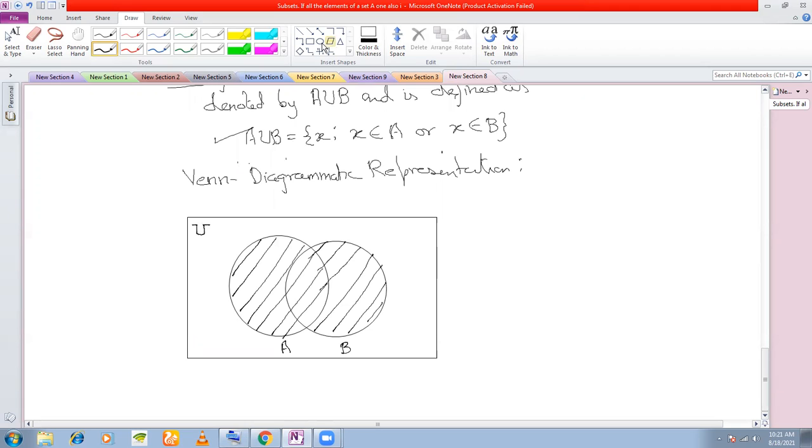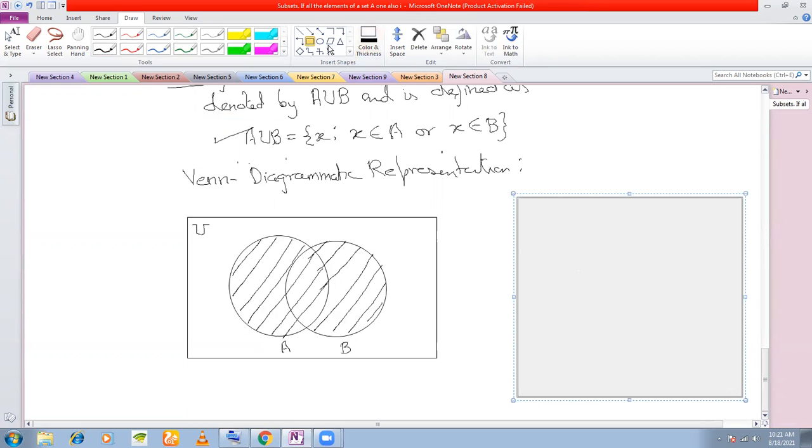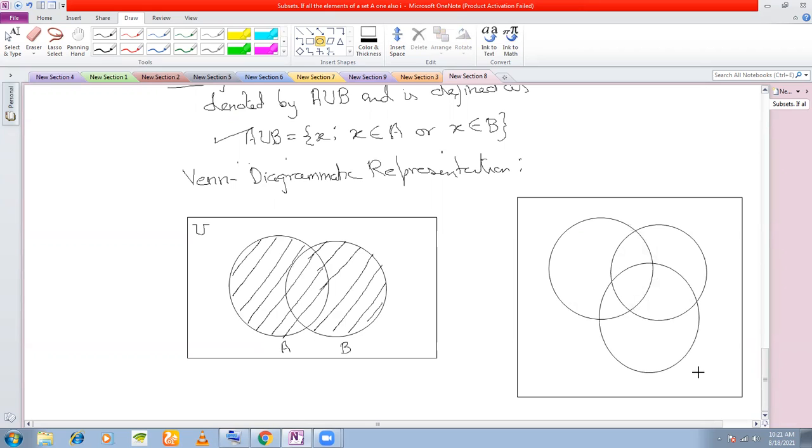For three sets A, B, and C, all the part within the circles.